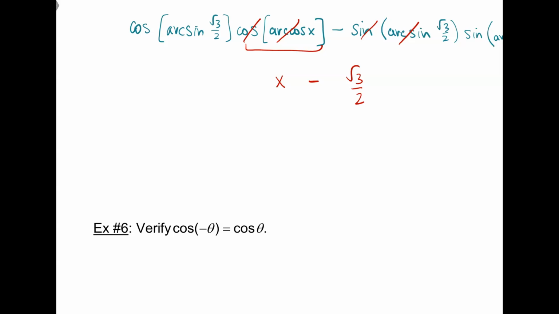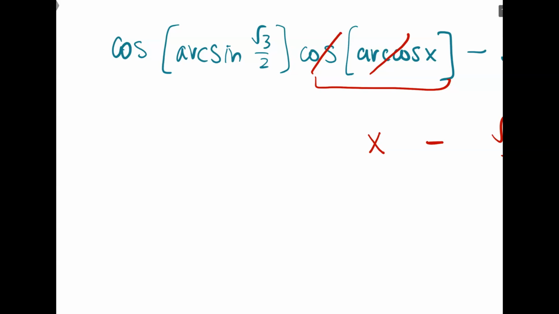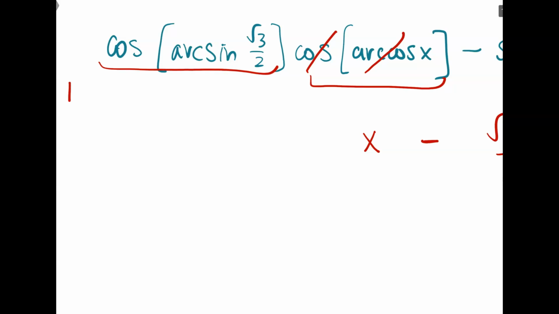All right, so let's do the next one. Let's take this guy right here. This whole arc sine is literally saying, for what angle is sine equal to root 3 over 2? We know that's pi over 3, which is 60 degrees.